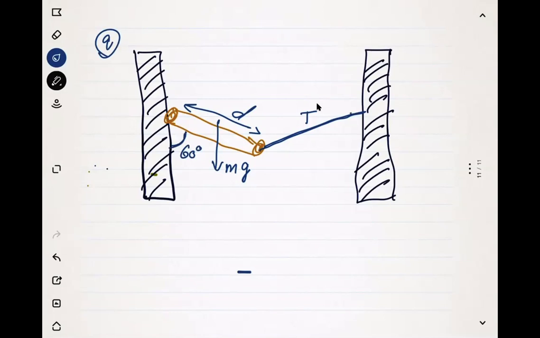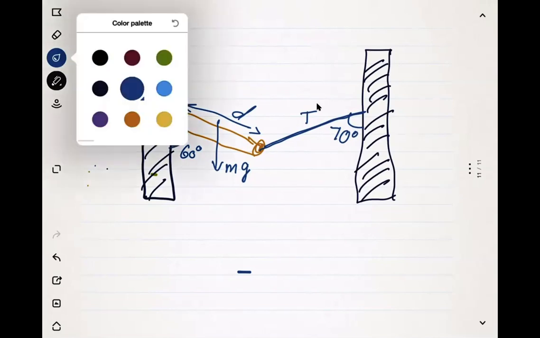And this angle is, for example, 70 degrees. Now, if this angle is 70 degrees, then how will you find the moment of weight and the moment of tension? First step is to find the angles.